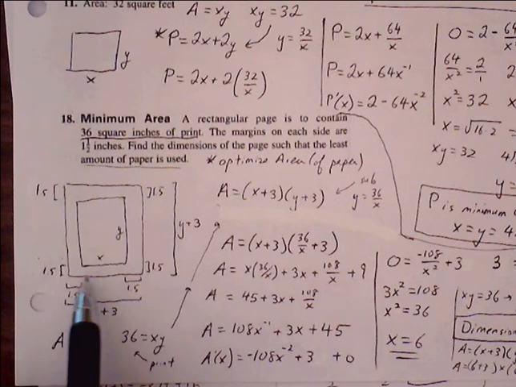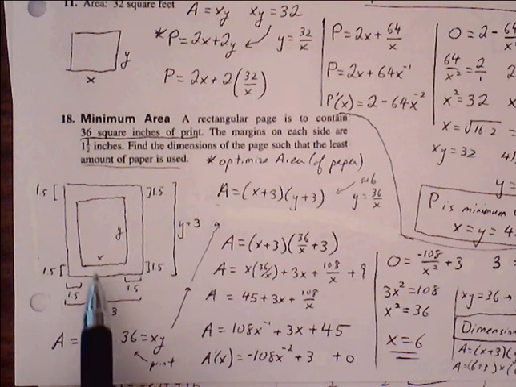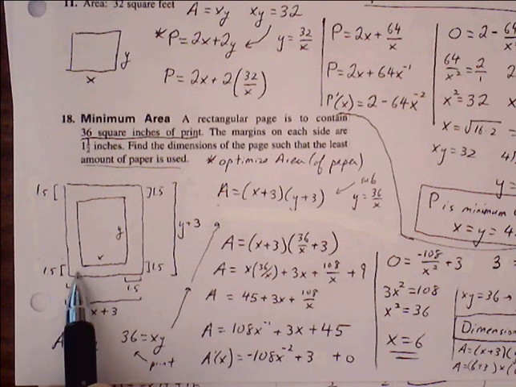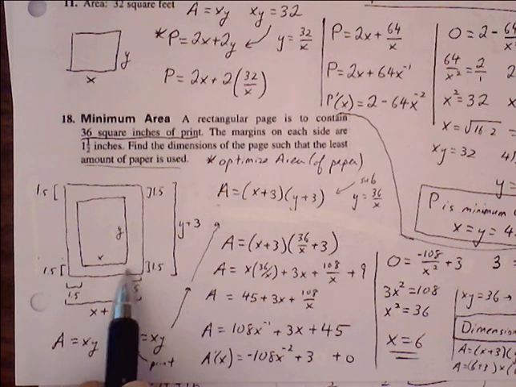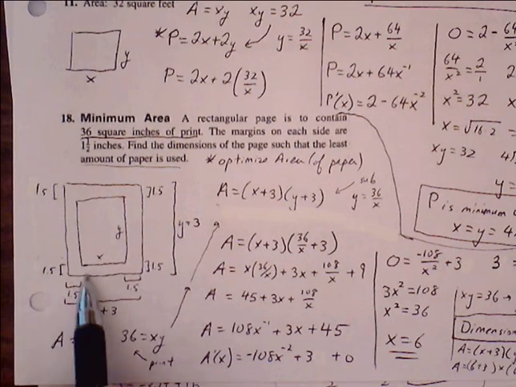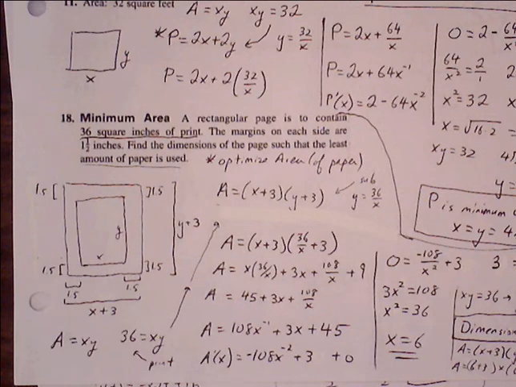But if we think of it in terms of a rectangle, the full page is going to be x plus 1.5 plus 1.5. Because there's a 1.5 margin on each side, if I add the two margins together along with the x, that will give me the full length of my rectangular paper.